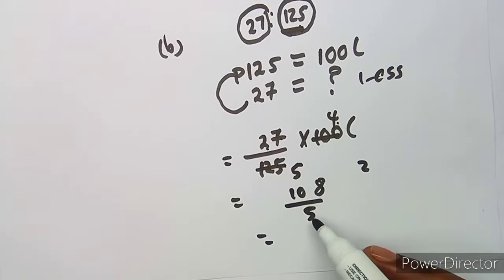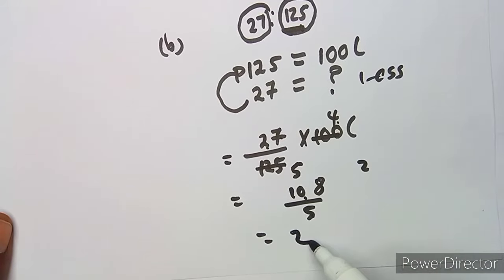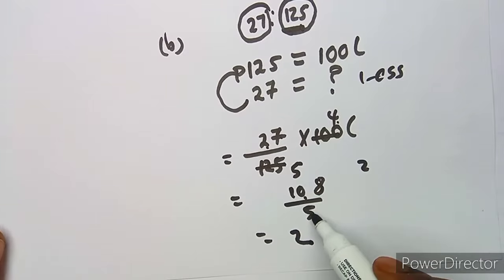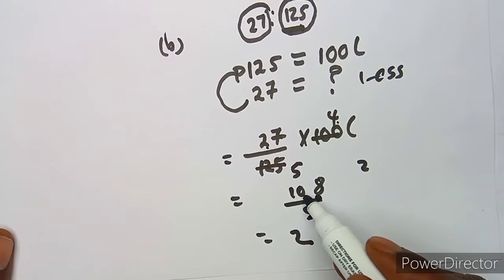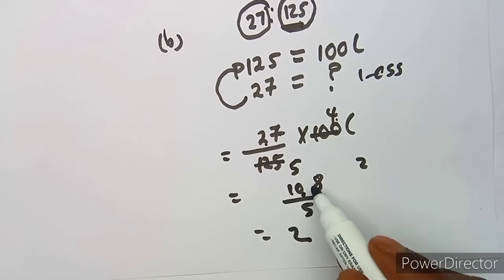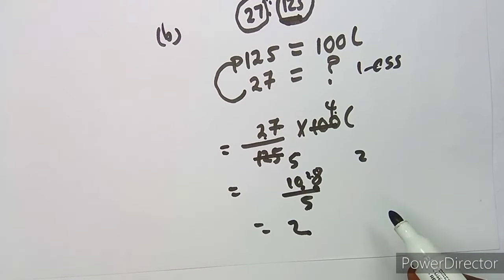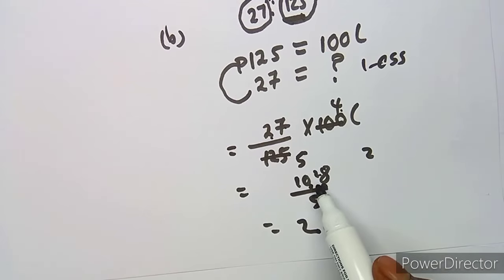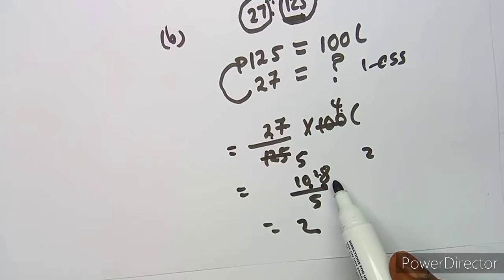So we can actually divide 5 into 10, which is 2 in this case, and we've got a remainder of 2 there. But before that, we are going to have 5 into 28, or we can just use the 28 as it is.